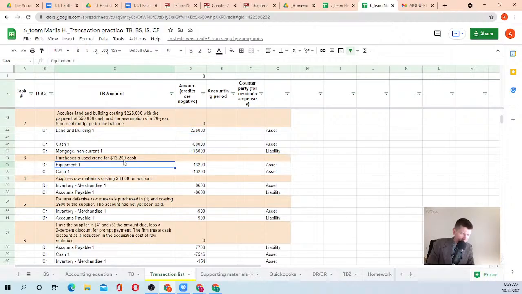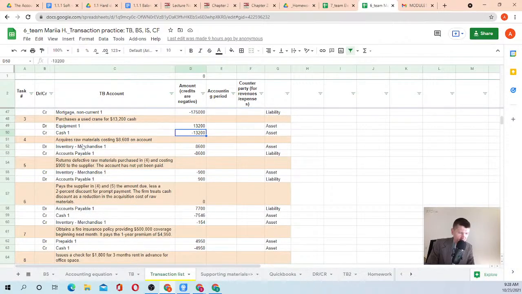Okay, next one, equipment for 13,200 cash. That's done right. Debit equipment, an asset increases. Credit cash, an asset decreases. Raw materials costing $8,600.